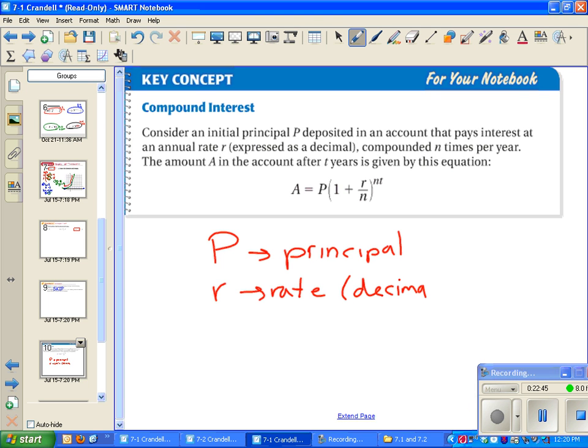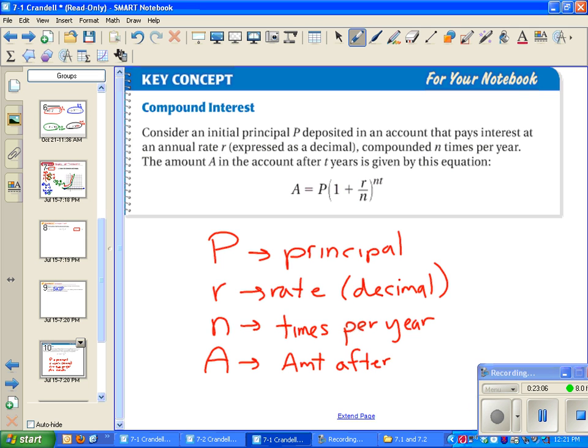So if it was 40%, your decimal would be 0.4. If it was 4%, it would be 0.04. N is times per year. A is the amount after. And T is time in years. Okay. Right, and that is our formula.